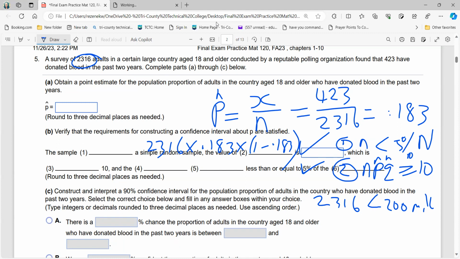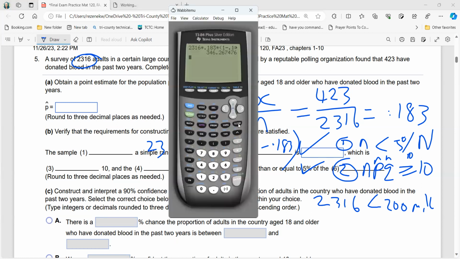Select the correct answer. I'm going to get my calculator and quickly do the confidence interval. Remember where to go when you are doing a confidence interval: go to STAT and go to TESTS. I need to ask myself what kind of confidence interval I am doing. Remember, it is a proportion confidence interval.